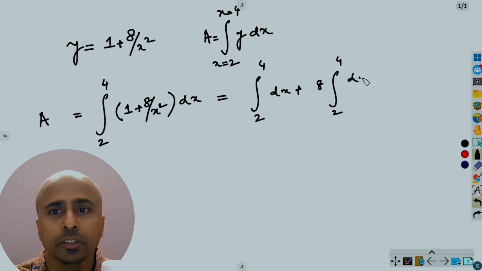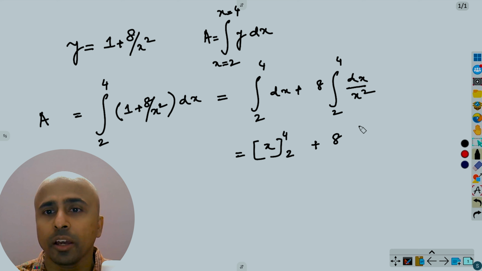I am just solving the integral here. So this we obtain as x, upper limit is 4, lower limit is 2, and here we have minus of 1 by x.